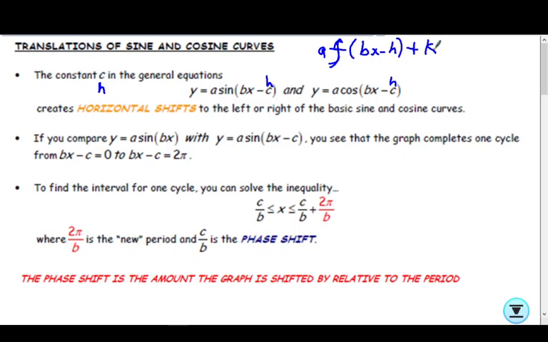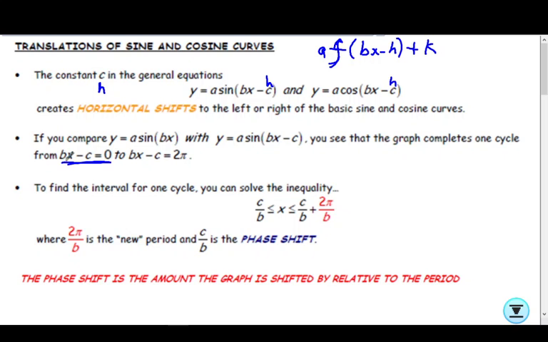Now, this creates a horizontal shift to the left or right for the basic sine or cosine curves. So if you compare sine of bx versus sine of bx minus c, the graph completes one cycle from bx minus c equals 0 to bx minus c equals 2 pi.